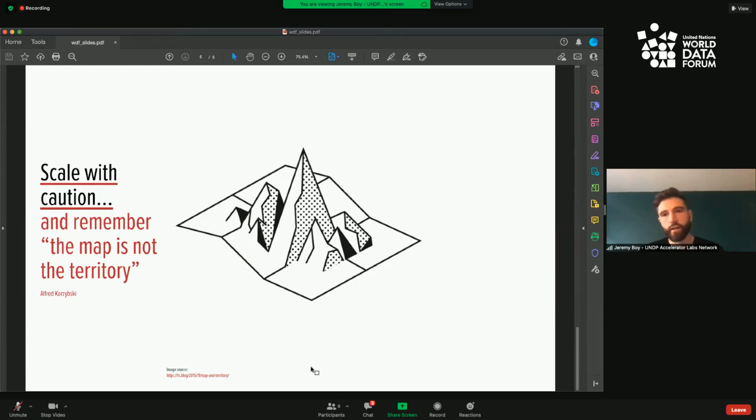The second learning that I wanted to focus on here is what we called in the report scale with caution. We mentioned this because, as Basma said, there is the potential to look at larger sample sizes, cover broader geographic areas, look at things over time, because digital data is collected relatively more frequently, and it's easier to collect and access typically than ethnographic or anthropological data that requires extensive fieldwork.